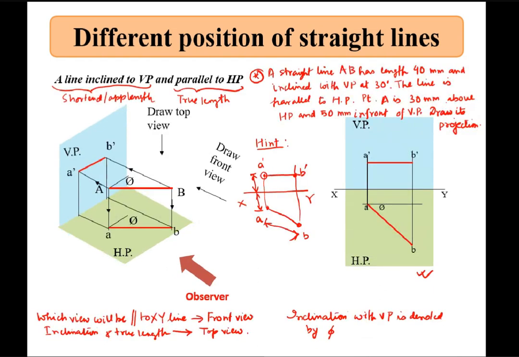Both these cases we are going to combine to get the final projection of a straight line which is inclined to both HP as well as VP. Let us just check out how it happens.